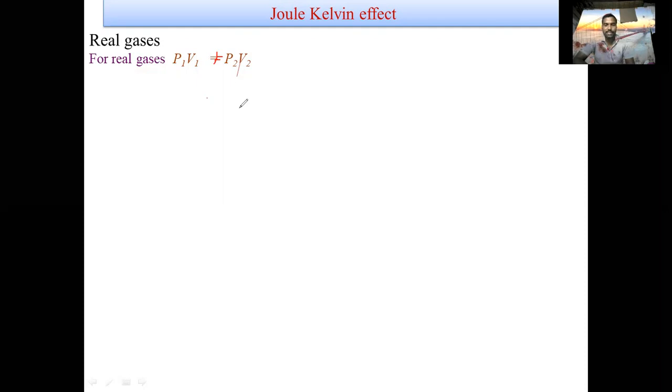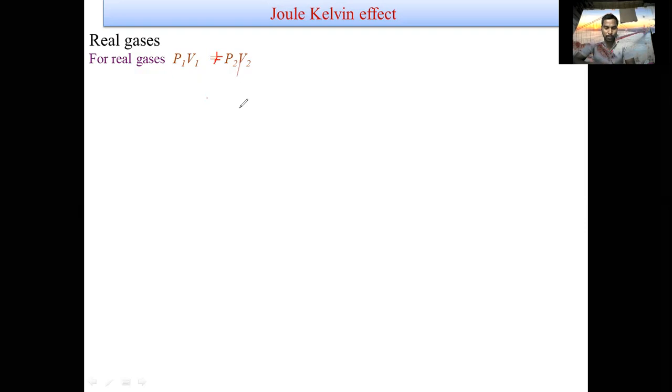The real gases obey different conditions, that is at Boyle temperature, below Boyle temperature and above Boyle temperature. Now case 1, we consider below the Boyle temperature.